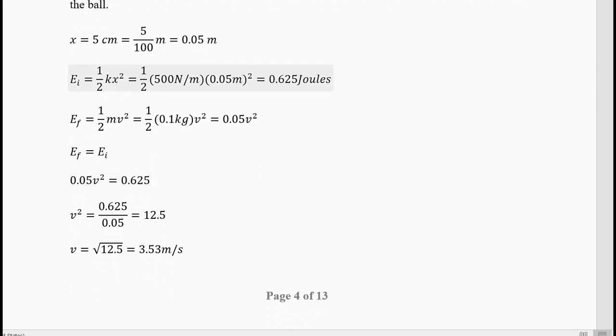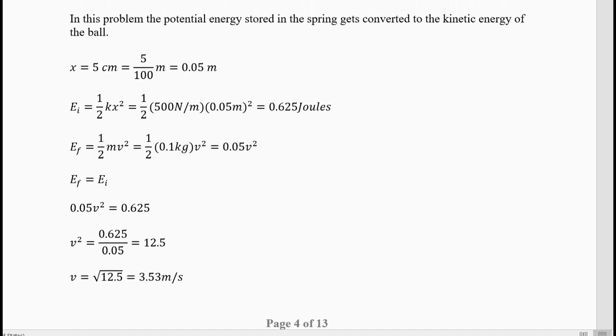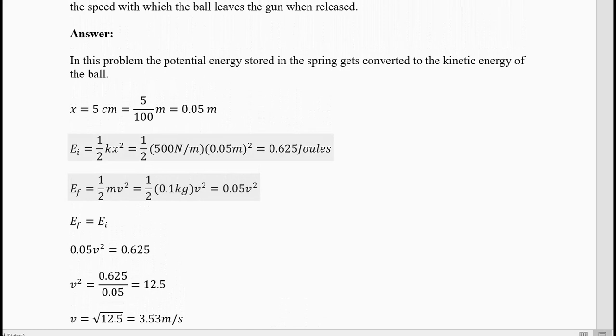Now how much is the initial energy? Half kx square, half into 500 into 0.05 square, you will get 0.625 joules. Now the final energy is half mv square, which is half into 0.1 kg. Mass has to be in kilograms, so 100 divided by 1000 is 0.1. Now half into 0.1 into v square, which is 0.05 v square.